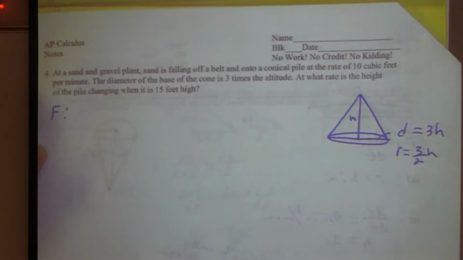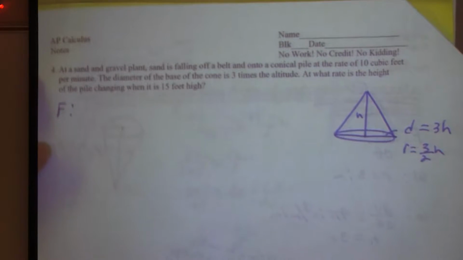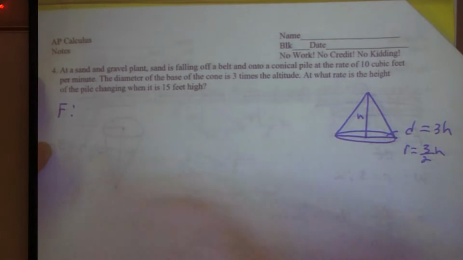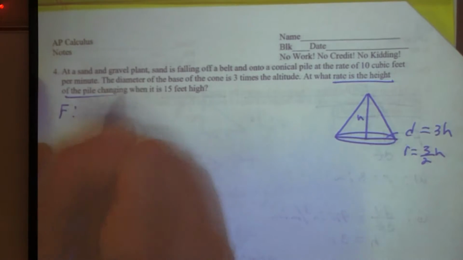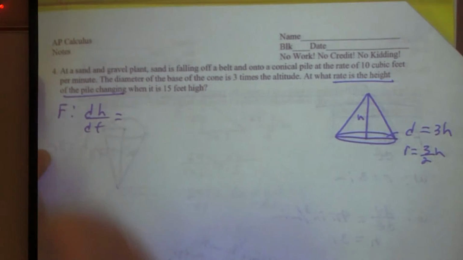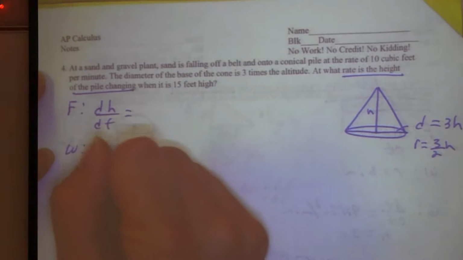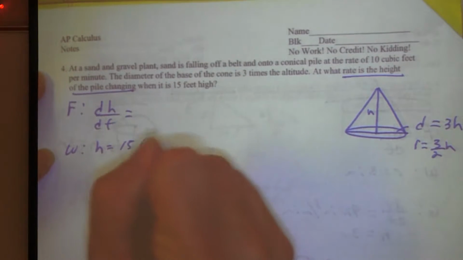Let's see. Find. What are we trying to find? I don't know if we're going to need this, but I'm just putting it there. The rate of change of the what? So that's what? dh/dt, when h equals 15 feet.